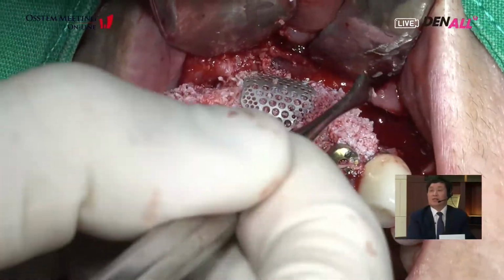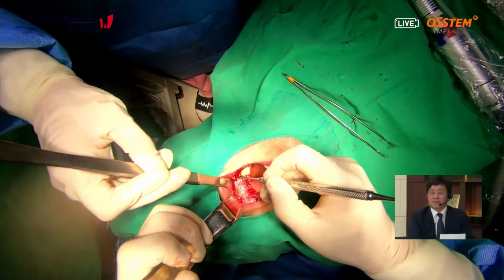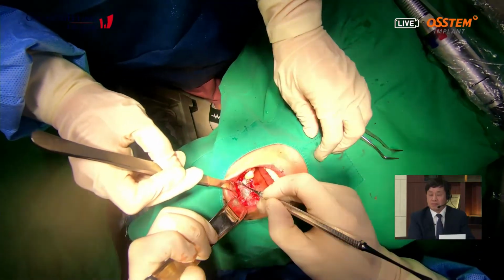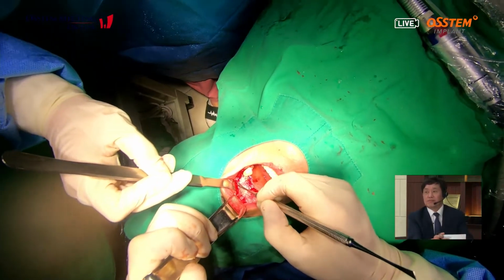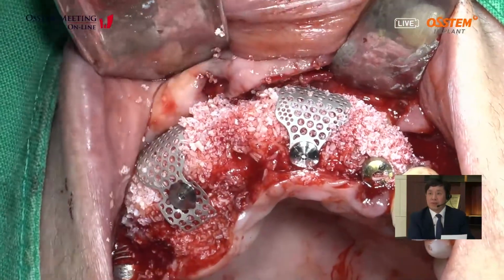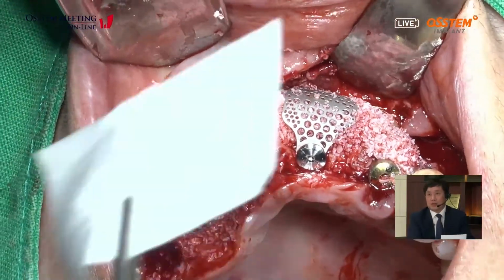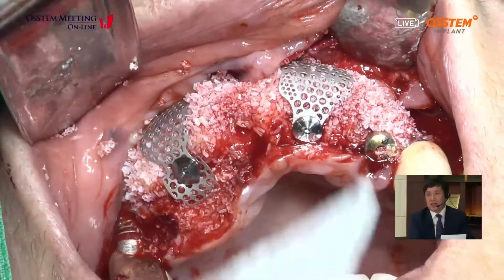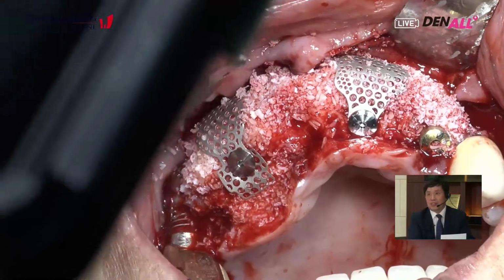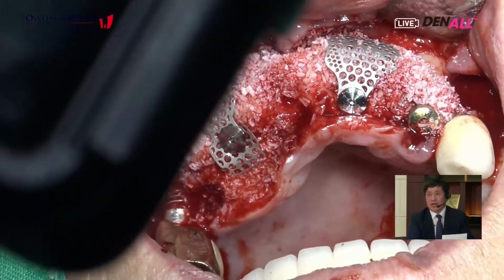Then I will cover the entire bone graft material with resorbable collagen membrane, soft type. My favorite one is Ossguide. Ossguide is a resorbable collagen membrane, and maybe he wants more protection of the thin mucosa.